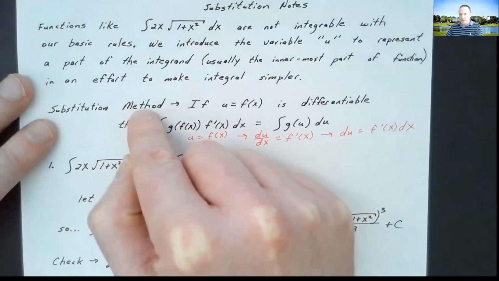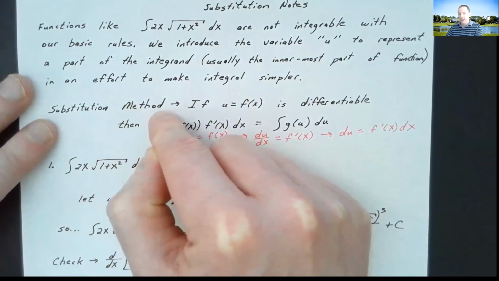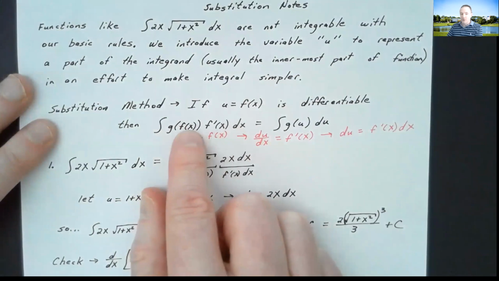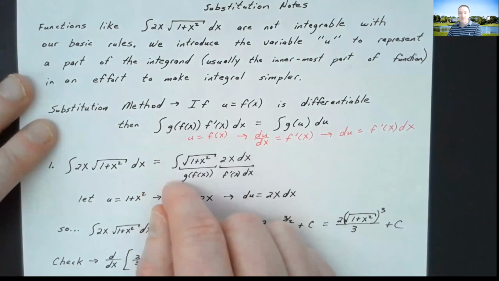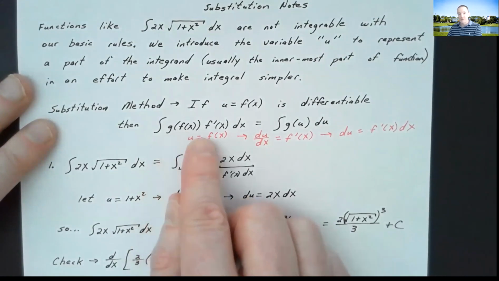Now, the goal of substitution is to take something that we cannot integrate and make something that we can integrate. And it's really nothing more than the reverse of the chain rule from Calc 1. In Calc 1, we said that the derivative of g of f of x is g prime of f of x times f prime of x.